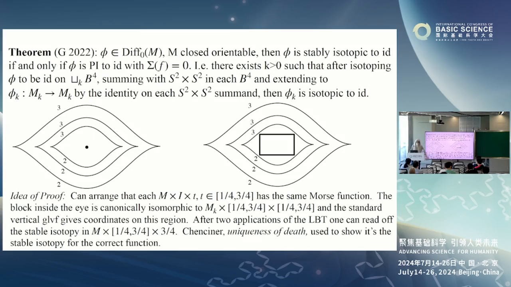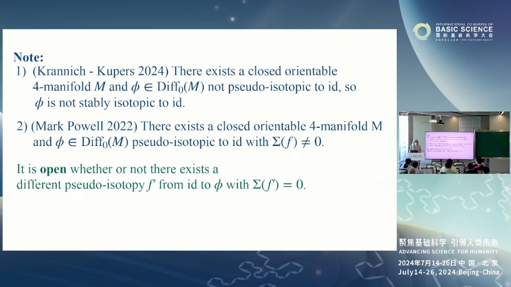So maybe I just have a fancy statement that's vacuous. But thankfully, this recent theorem of Kreck and Kasprowski shows there's a closed orientable 4-manifold and a diffeomorphism homotopic to identity that is not pseudo-isotopic to identity. So here's a diffeomorphism homotopic to identity, but not stably isotopic to identity by this theorem.